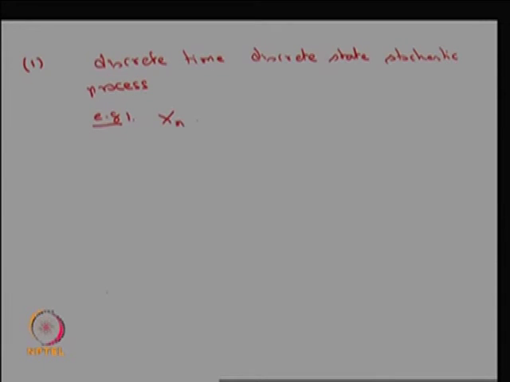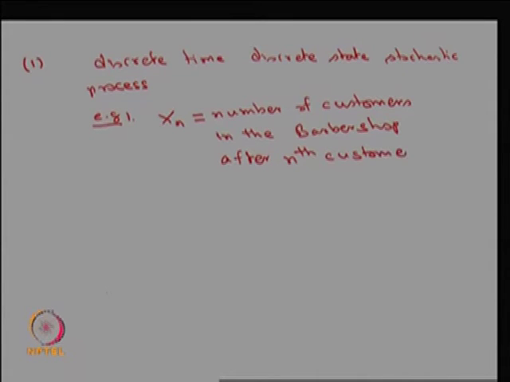Let us create a random variable X suffix n as nothing but the number of customers in the barber shop after the nth customer departure from the shop.